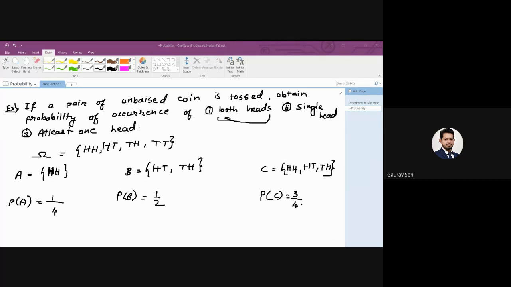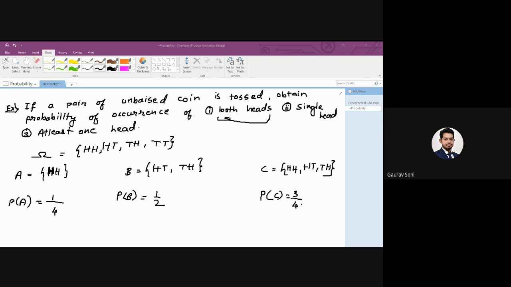Before I conclude the lecture, let me make it clear. This formula that you are using for the probability is for an equiprobable sample space only. Remember that.